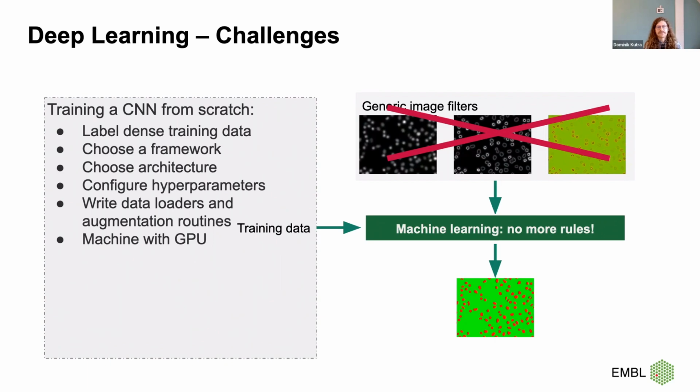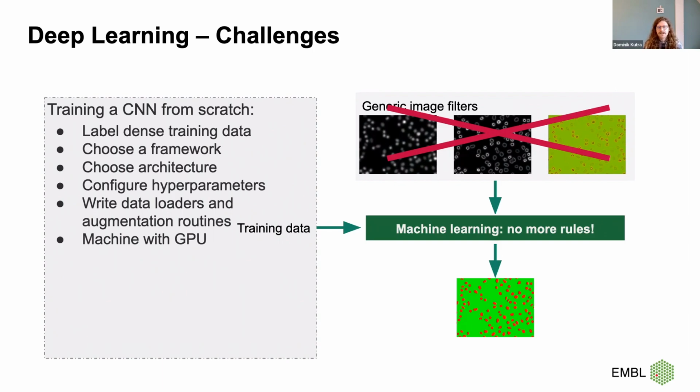And then, of course, you have to write data loaders and augmentation routines. You need a machine with a GPU, and you need a lot of time. So this still takes a PhD student a couple of weeks or months, depending on the complexity of the problem, if this has to be done from scratch. Especially this dense labeling of training data is a huge bottleneck.